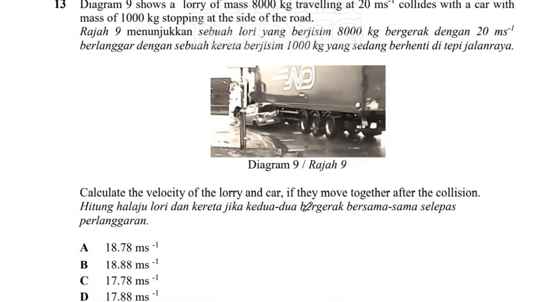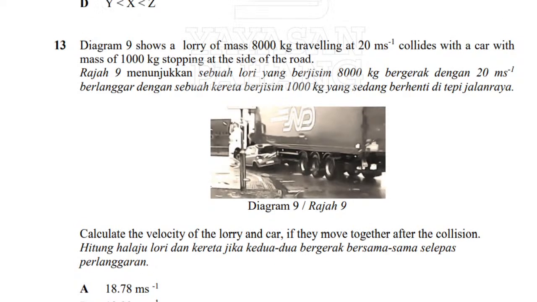This is interesting. Momentum, come we try. The lorry with a mass of 80 kilogram travels at a velocity of 20 meter per second, and collides with a car with a mass of 1000 kg stopping at the side of the road.